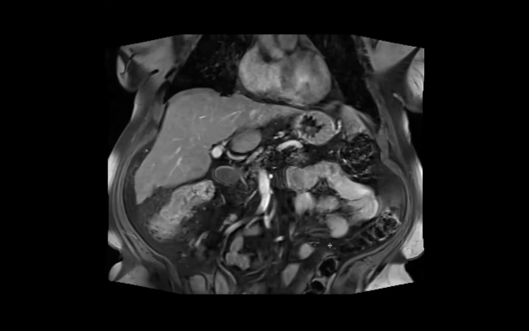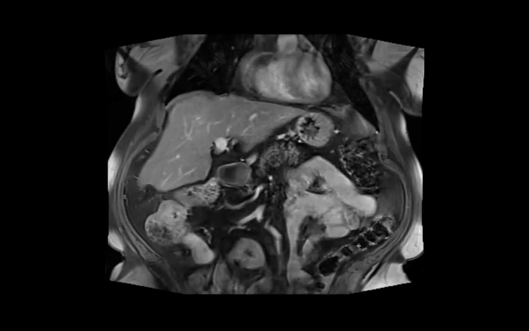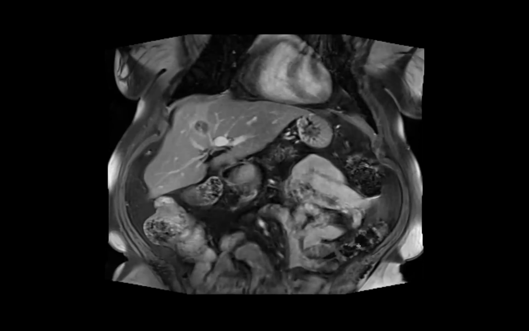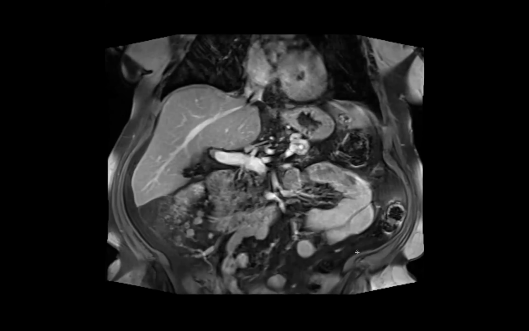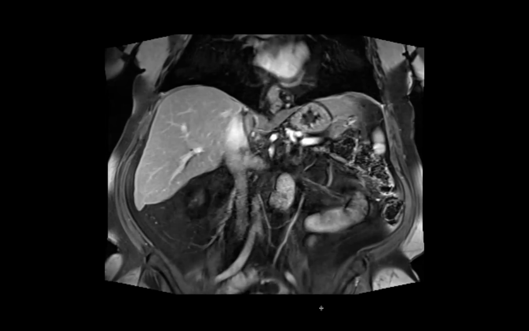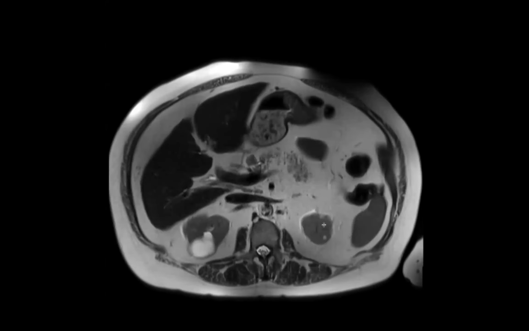Here's the post-contrast. I'll give you T2 axials.